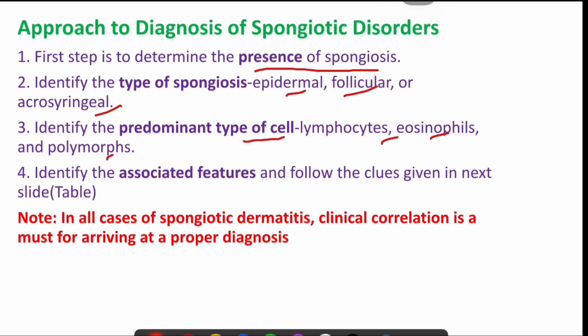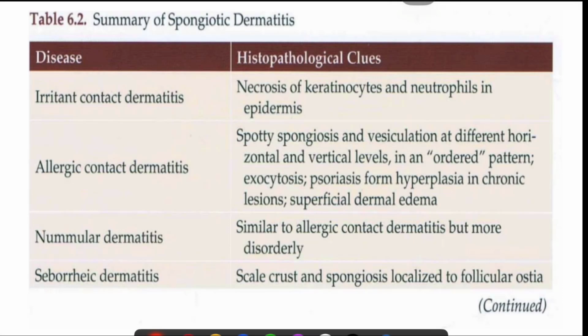Then associated features which give some clue so that you can identify the diagnosis, which we'll be discussing in the next slide. And in all cases of spongiotic dermatitis, clinical correlation is a must for arriving at a proper diagnosis.